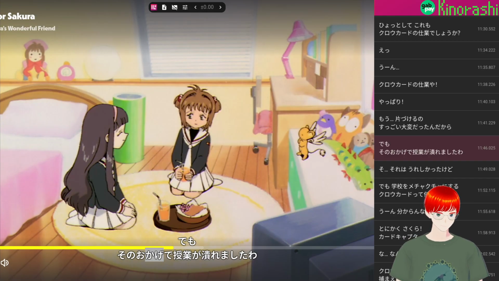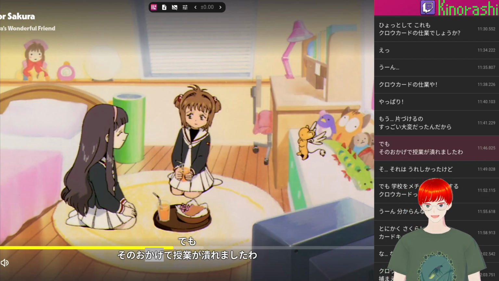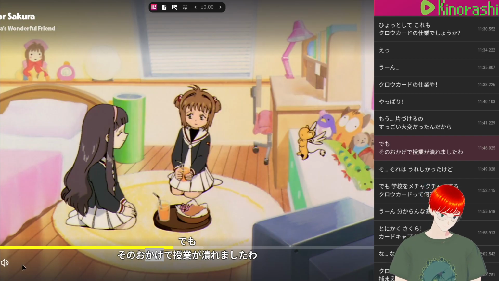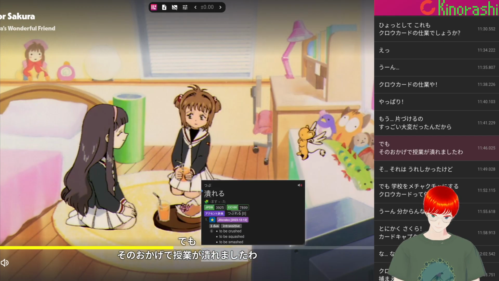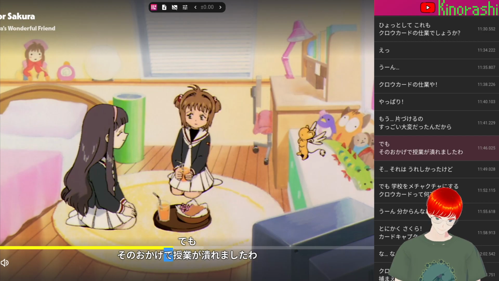Wait, that's the same kanji used in shadow? I guess it's sort of metaphorical, as in like how a shadow stretches its influence or something. So, でもそのおかげで、授業が潰れ、潰れましたわ. So, this is the de as in the reason de.